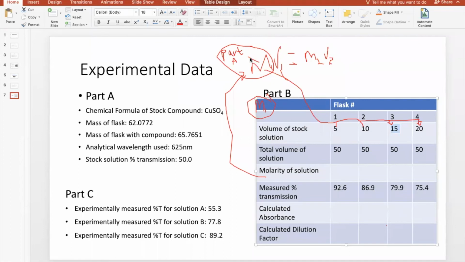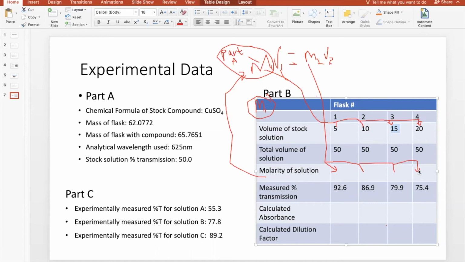M1 will be constant for all of them. V1 will be changing from flask to flask. Now, M2 is what you will be looking at. This is M2 right here. This will come down here. This will be M2 like that. That's what you will be looking at.